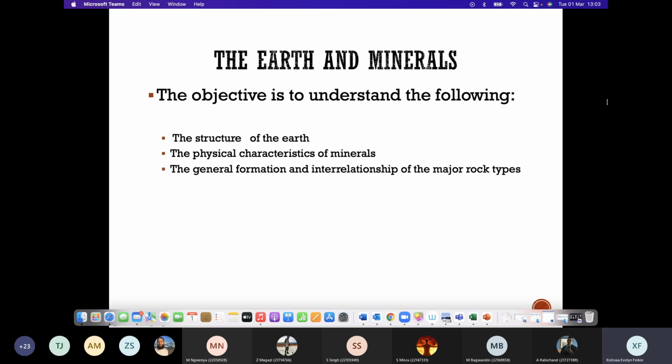Because we will be dealing with different types of materials that we use in civil engineering, every structure that we build is built on earth.